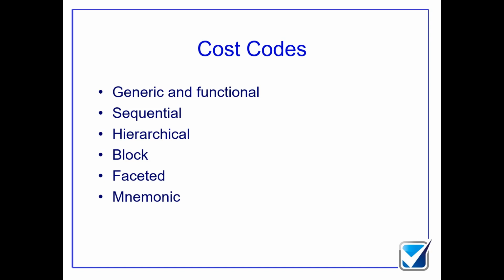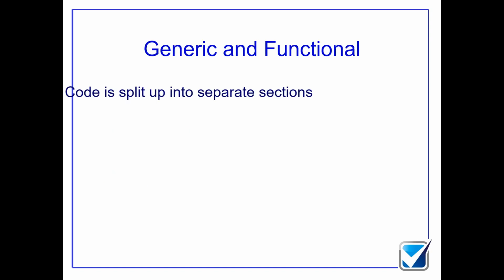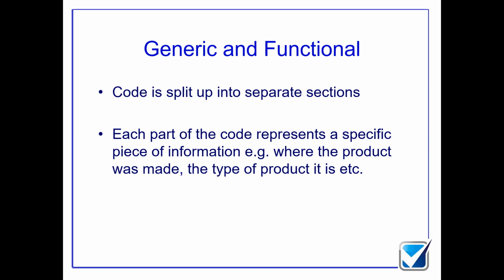Now, a cost code such as a generic or functional cost code is where the code is made up of several different component parts. And what will happen is the cost code itself is split down into separate sections so that, for instance, the first two numbers may potentially say this is the cost center that's incurred the cost. So you might be working for cost center 1-2, or you might be working for cost center 0-3.